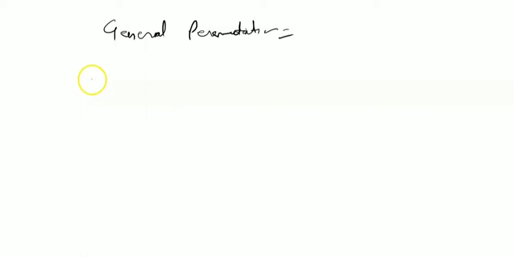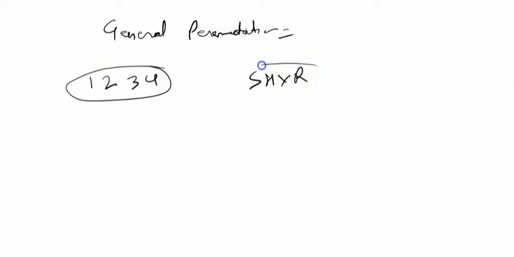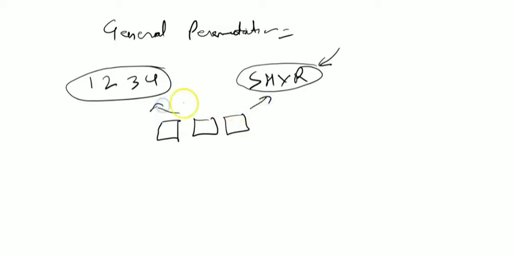In the general case of permutation, we generally have unique and distinct samples as choices. Let's say 1, 2, 3, 4, or S, H, Y, R as the choices that you can fill in the slots. Let's say there are 3 slots to fill in with these choices.